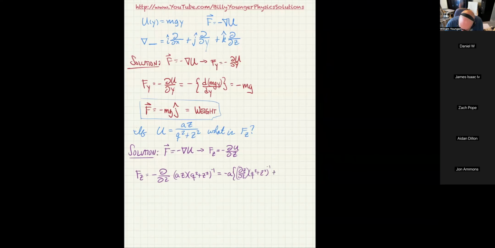Now I've got to take the derivative of the other factor. So this time I'm going to leave the z, but take the derivative with respect to z of q squared plus z squared to the negative 1.